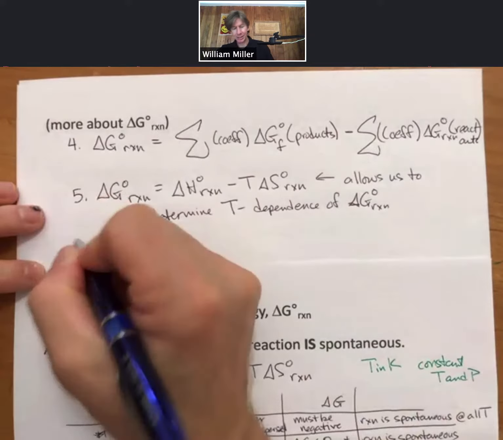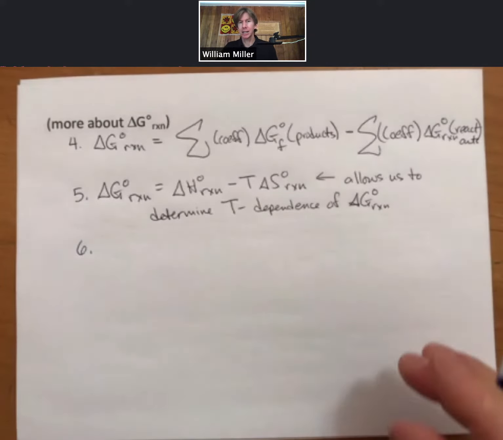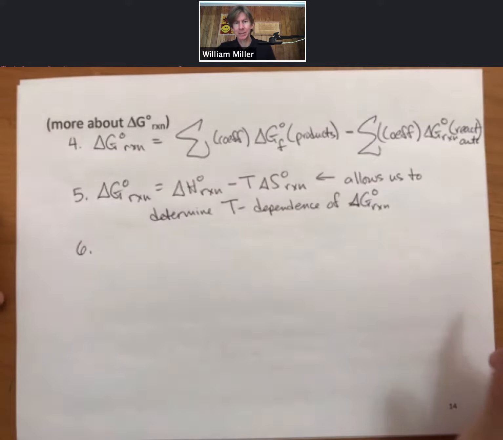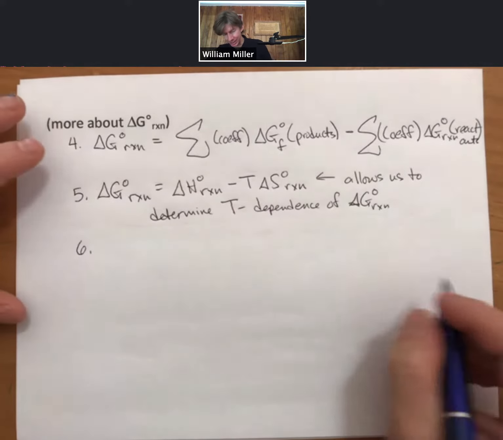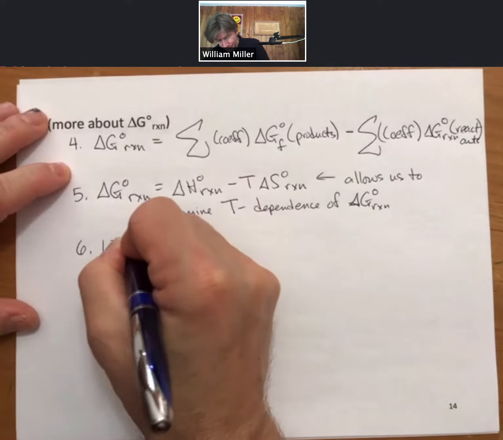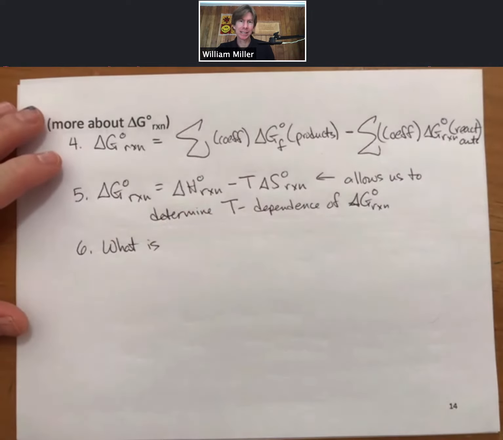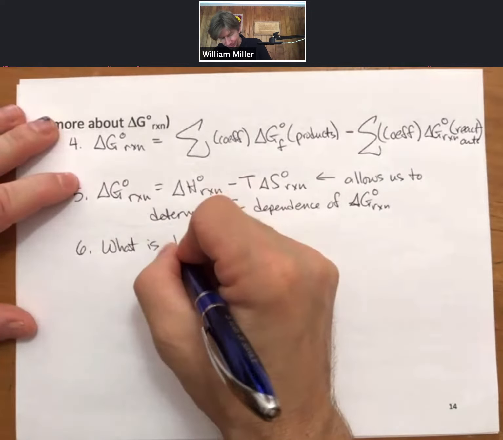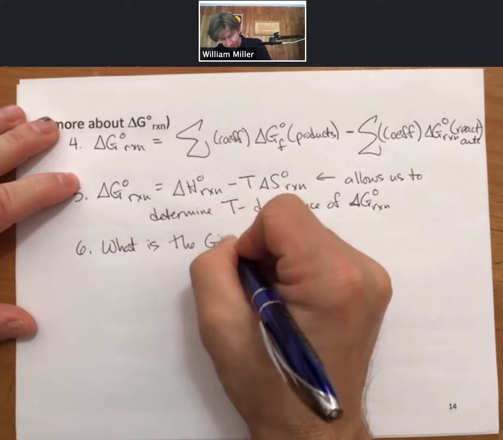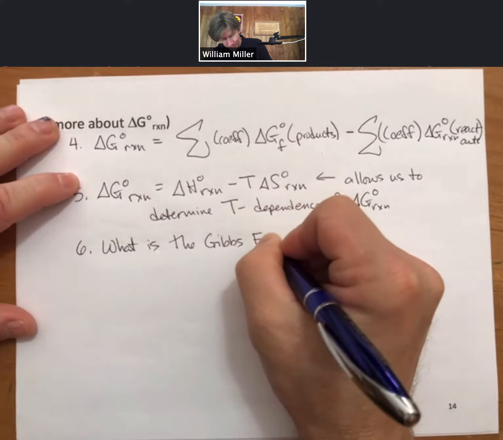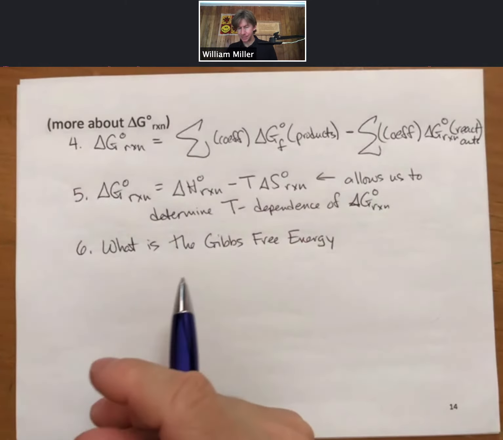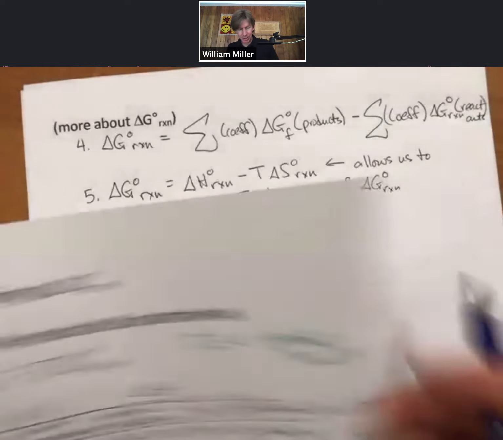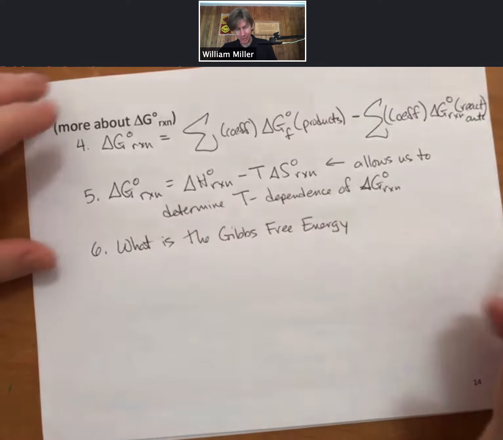And then finally, let's talk about what delta G is. It's called the free energy, and specifically the Gibbs free energy. So now, what is the Gibbs free energy? Actually, I guess we can use this version of the equation right here.